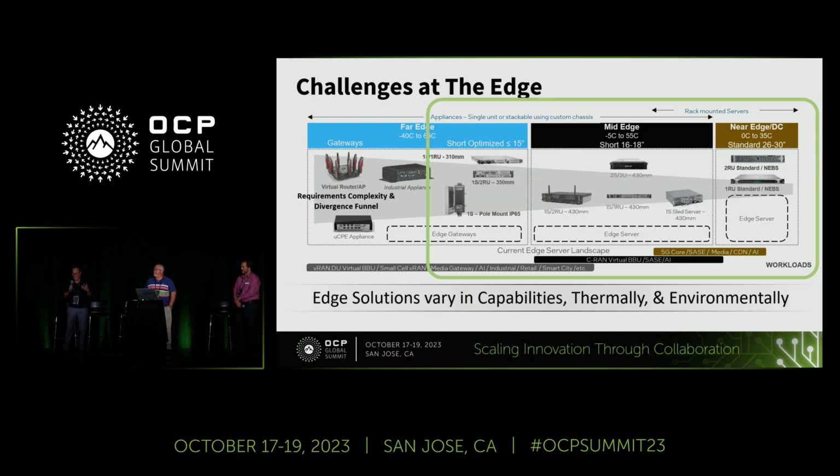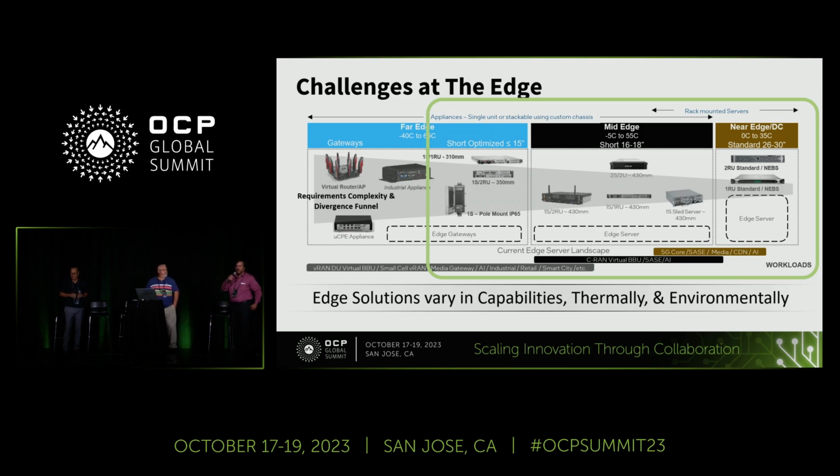So from all those challenges, we realize that there is an opportunity for us to create a new ecosystem that really optimizes for edge, not just for telco, but for retail, for manufacturing, and for healthcare and all that stuff. So there's a lot of opportunity, and we believe that opportunity is here, and we're going to start looking at how to provide a specification to create an ecosystem that really optimizes to address the edge from both the environment as well as the chassis depth, the cabinet that needs to go in.